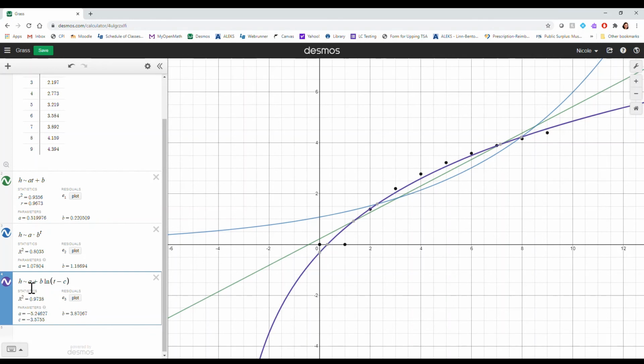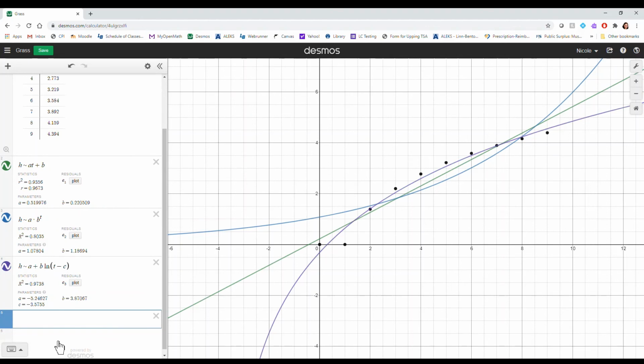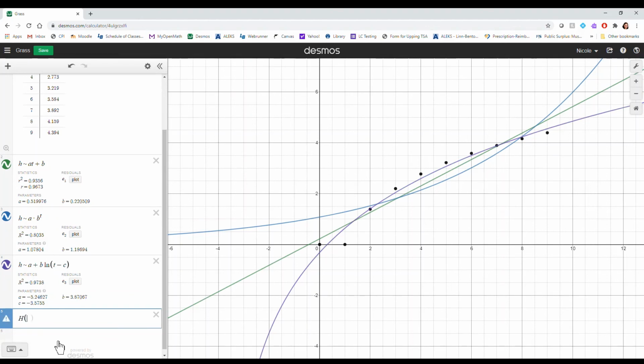So what we need to do is I'm going to actually just make this into a function I'm going to write down below. So we're going to use h of t, and I'll just use capital H so we don't get confused.